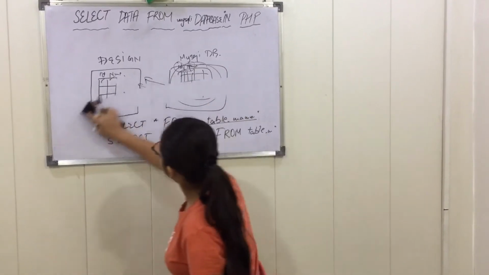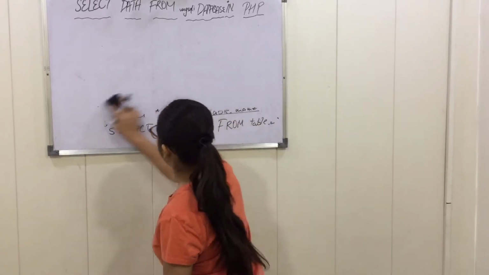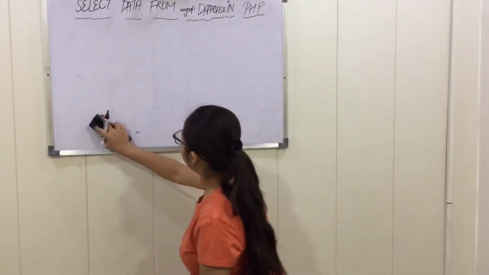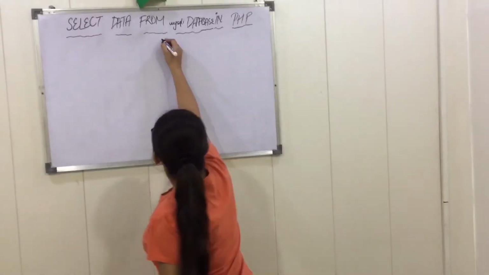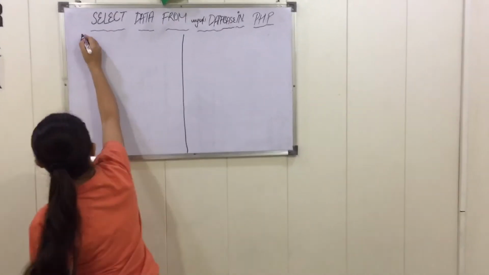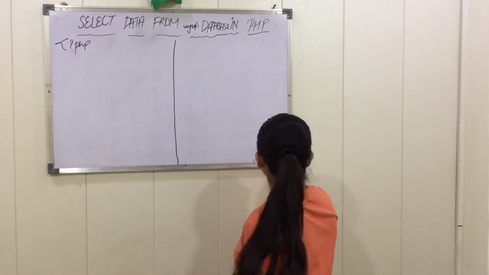Now we discuss an example of how we can view the data from the database with the help of the MySQLi database. First of all, PHP tag start and PHP tag close.